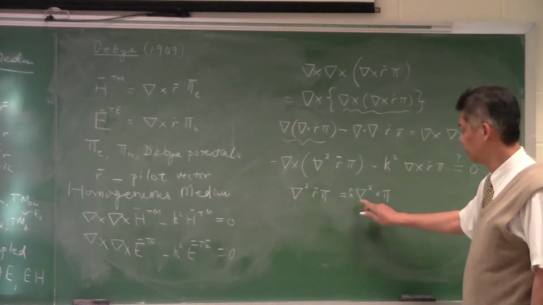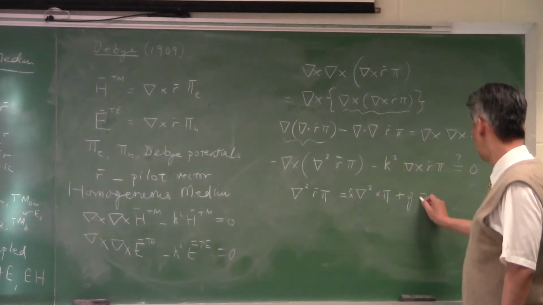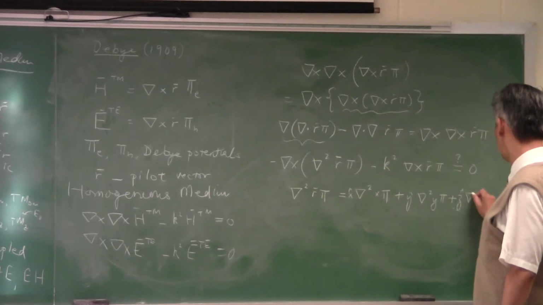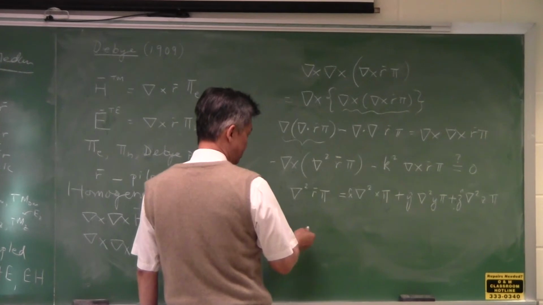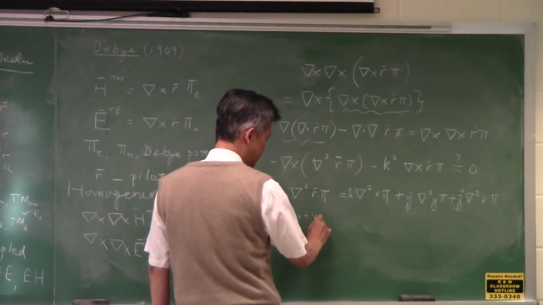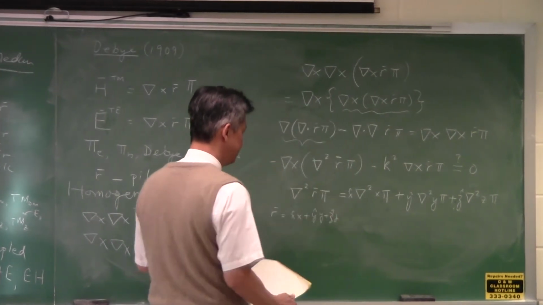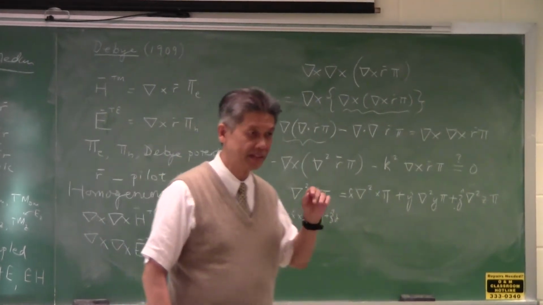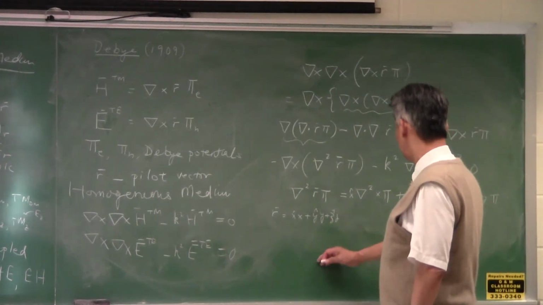The x hat is a constant, I can take it outside, and then I can have y hat Laplacian y pi plus z hat Laplacian z pi. In other words, if I write R as being x hat x plus y hat y plus z hat z, when I substitute that in, I can exchange the x hat, y hat, z hat, and obtain the expression over there.